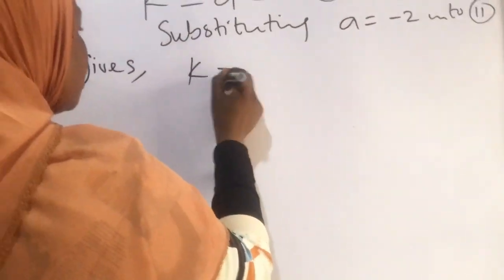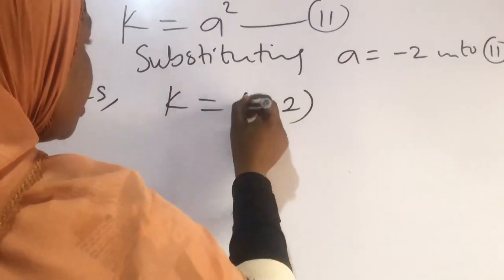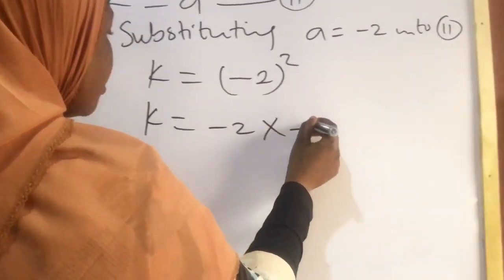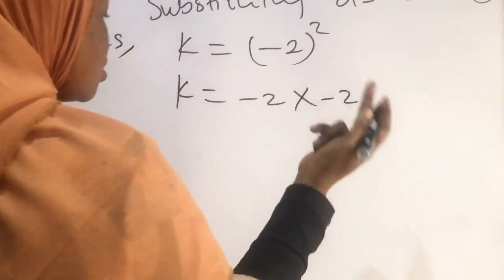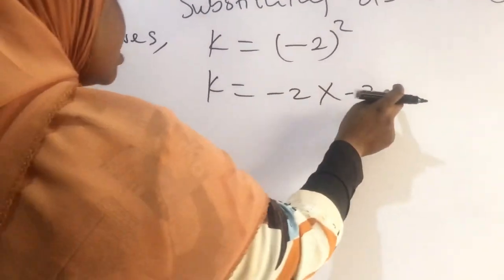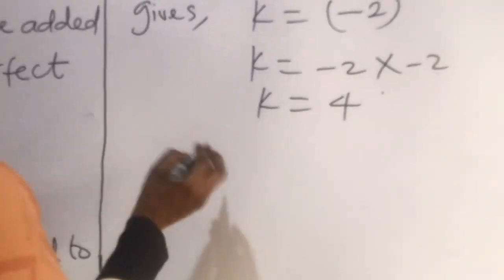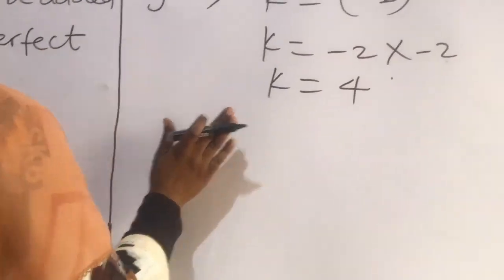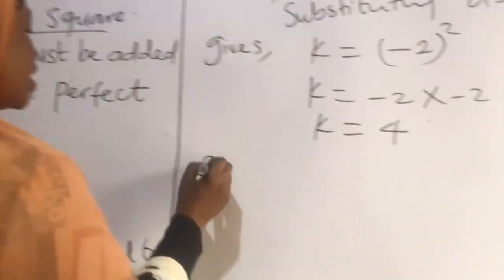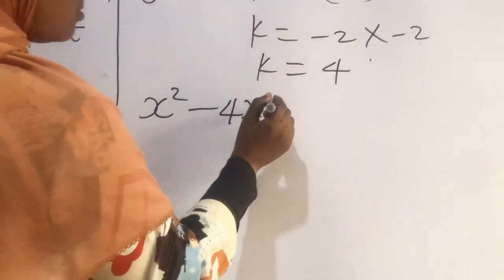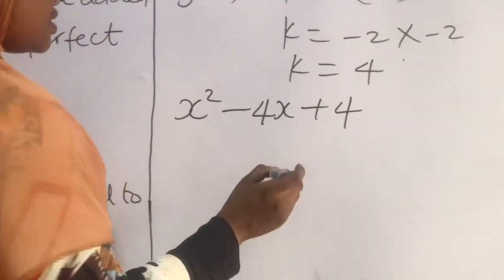So k is equal to minus 2 squared, so k is equal to minus 2 multiplied by minus 2. Minus multiplied by minus is equal to plus, and 2 multiplied by 2 is equal to 4. So k is equal to 4. So the number that must be added to x squared minus 4x is 4. So plus 4 will make it a perfect square.